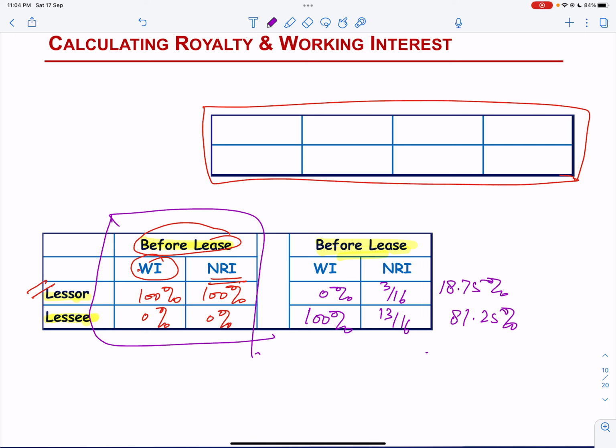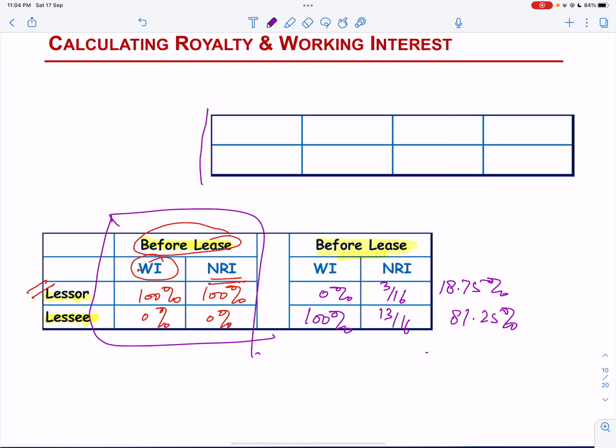Now the calculation will be a bit more complicated if the lessor doesn't own the whole piece of land but only a section of it. For example, the landowner owns not this whole piece of land but 25% of this land.